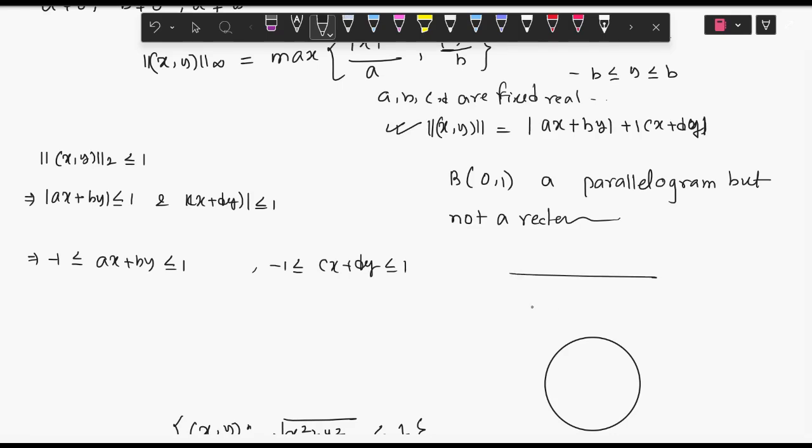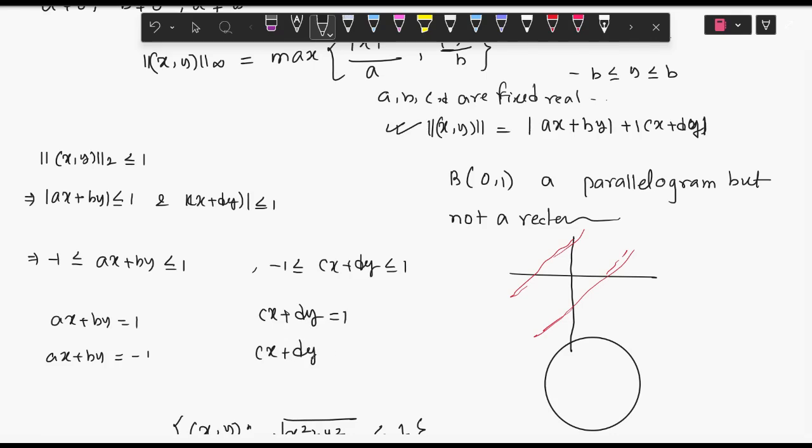Now note that ax plus by equal to 1 and ax plus by equal to minus 1 are two parallel lines. So we are just considering these parallel lines as this one and this one, and cx plus dy equal to 1 and cx plus dy equal to minus 1.